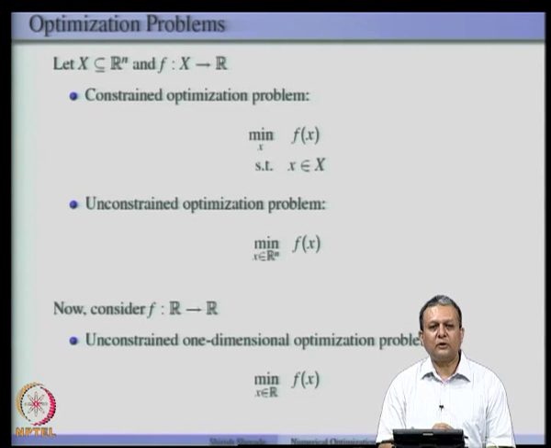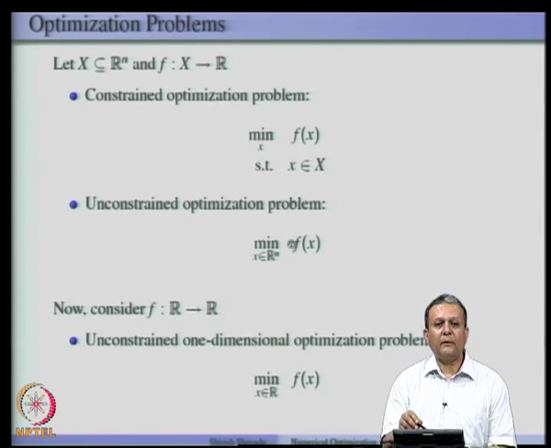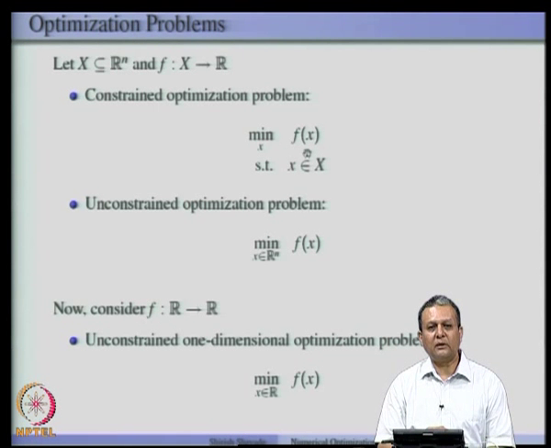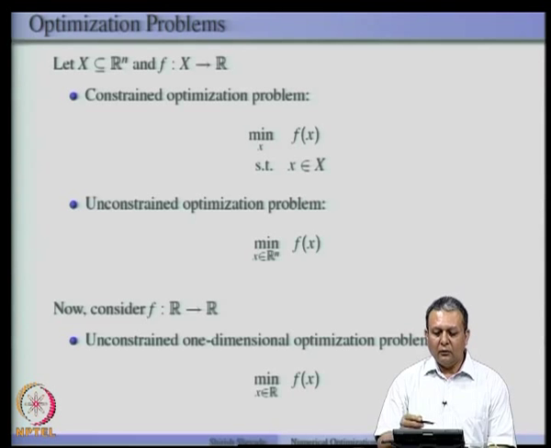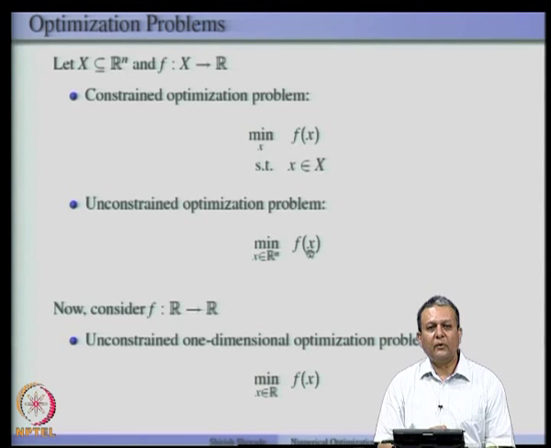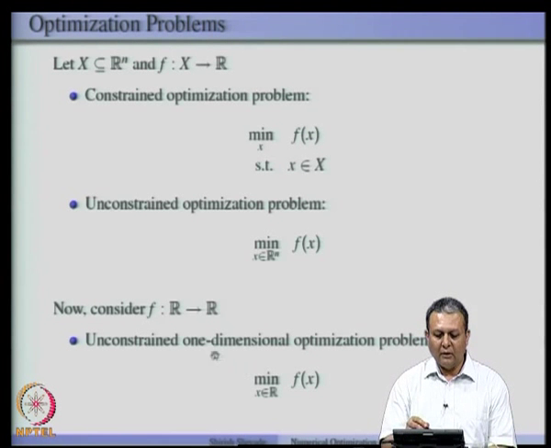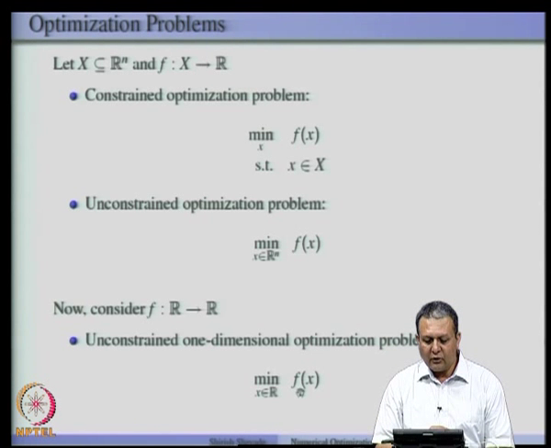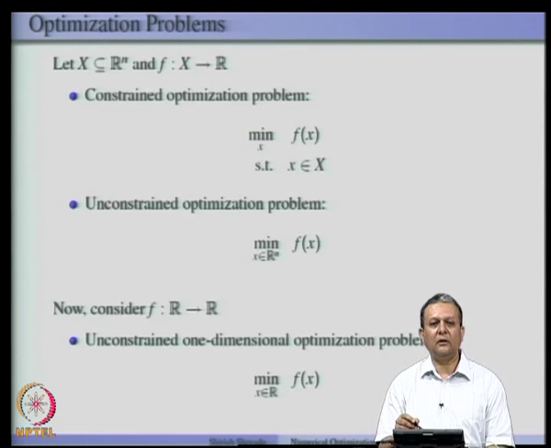We will see those techniques later, but solving an unconstrained optimization problem is important to solve a constrained optimization problem. Now, to solve an unconstrained optimization problem, one has to solve many one-dimensional unconstrained optimization problems, which are of this type. So, in today's talk, we will focus on solving one-dimensional unconstrained optimization problems.